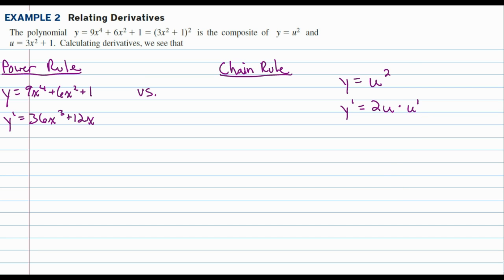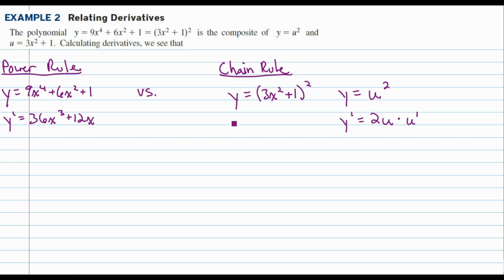So let's see how that translates to the actual function. Y equals 3x squared plus 1 squared. So y prime is going to equal 2 times 3x squared plus 1, now to the first power, times the derivative of the inside, so the derivative of 3x squared plus 1, which is just 6x.